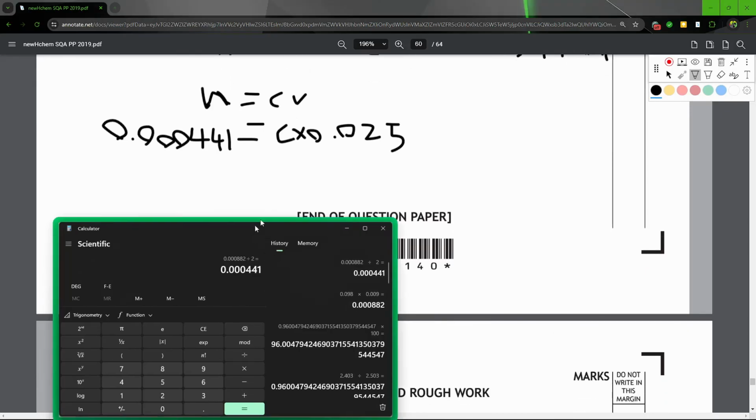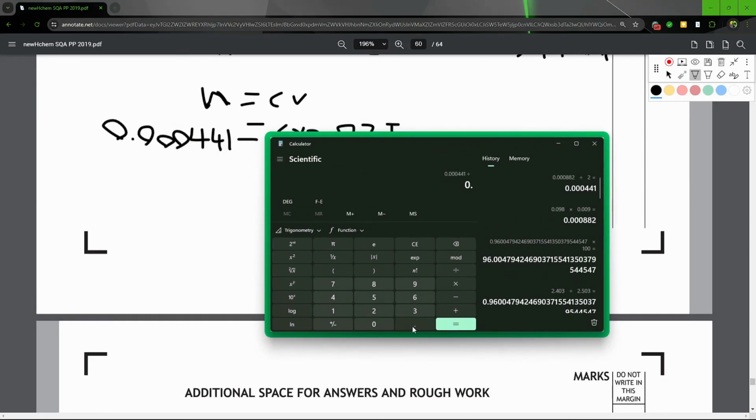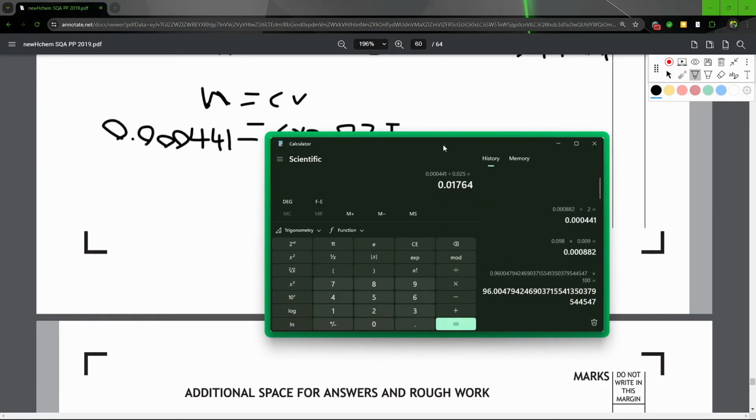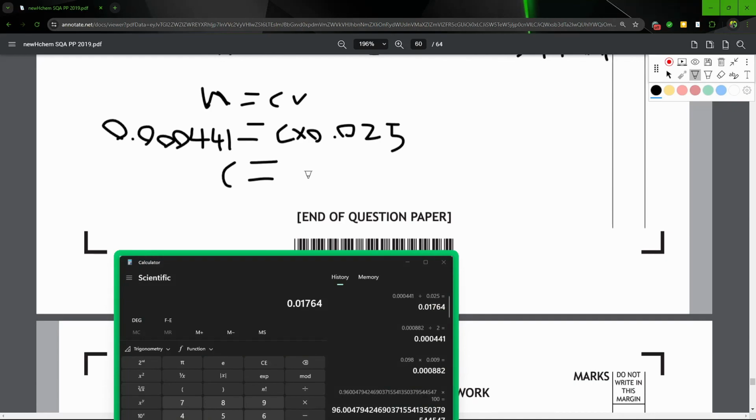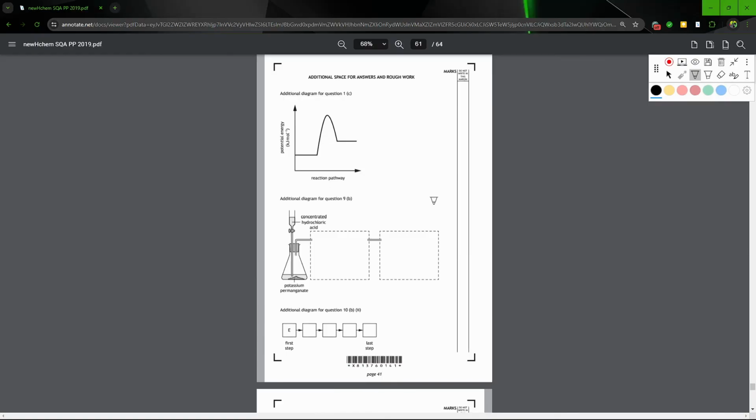So we divide this by 0.025, and I'll just double check that it's not going insane. Yeah, it is right. We're so solid. Concentration is 0.018, we'll say. Moles per liter.